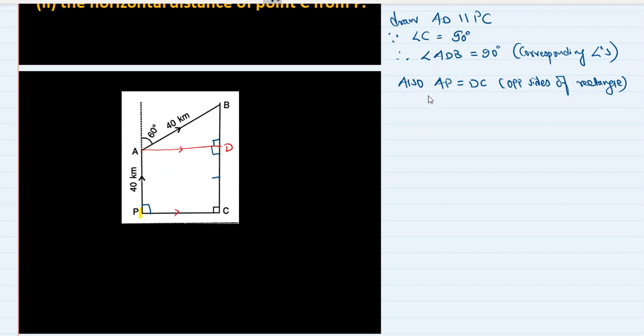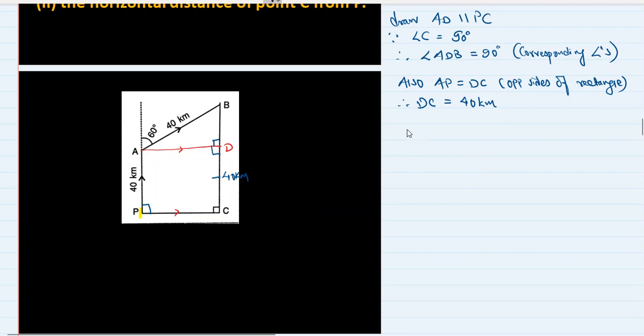So AP is equal to DC, and therefore DC is 40 kilometers. Okay, so we know that this is also 40. See, what we have to find is BC and PC.